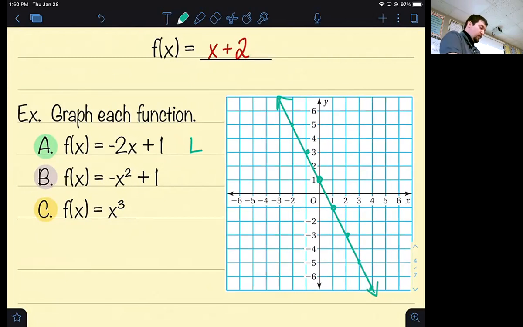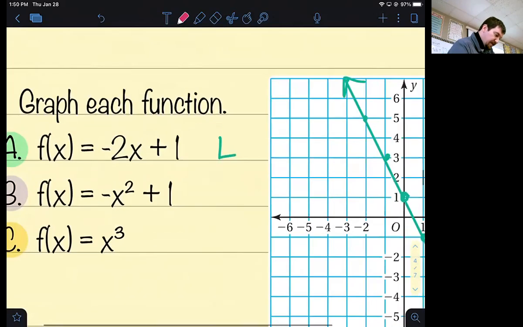And so how in the world am I supposed to figure out what it's going to look like? Well, maybe we should plug in some values for x and get some values for y, and we can actually see, every time we input a number, what it outputs. So a really easy number to input is 0. What's 0 squared? Make it negative. So 0 plus 1.